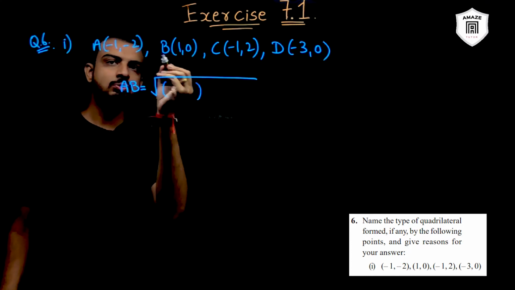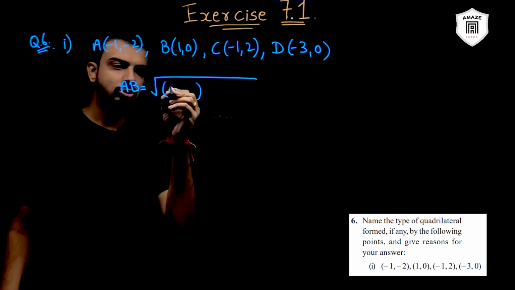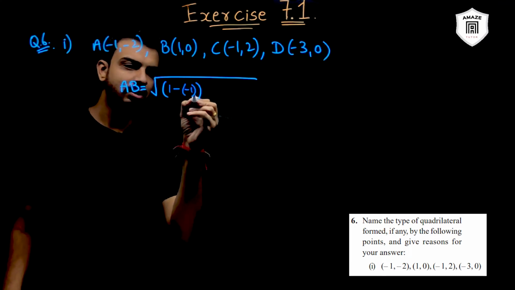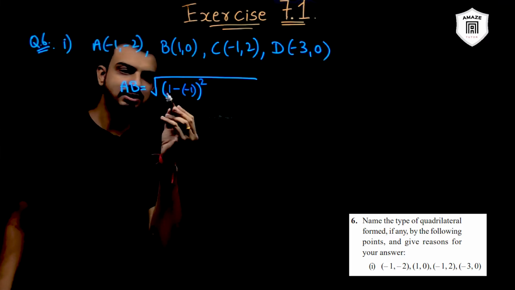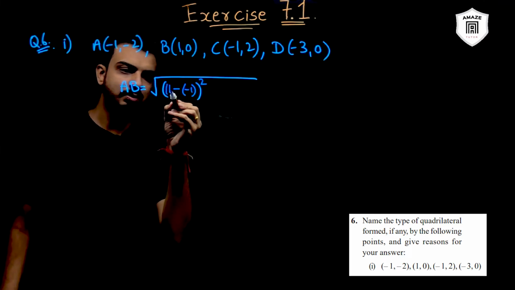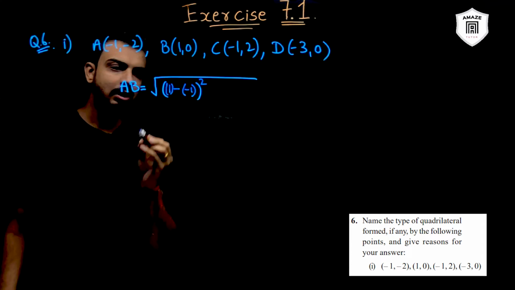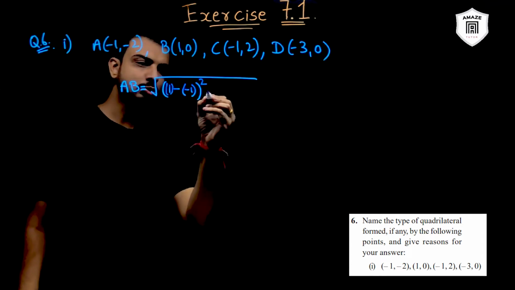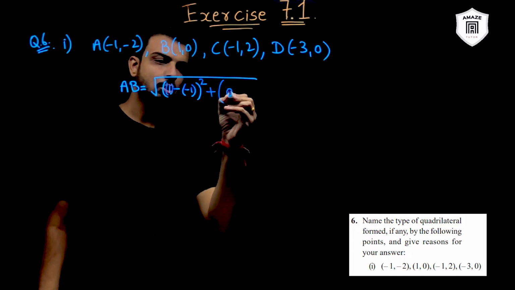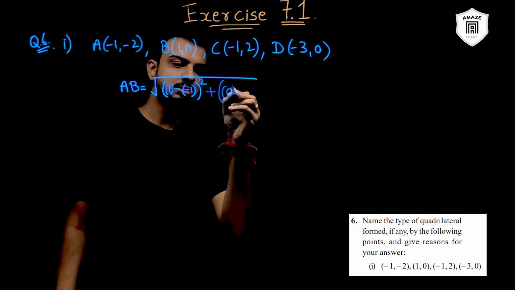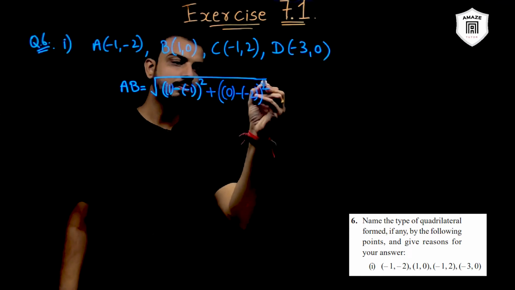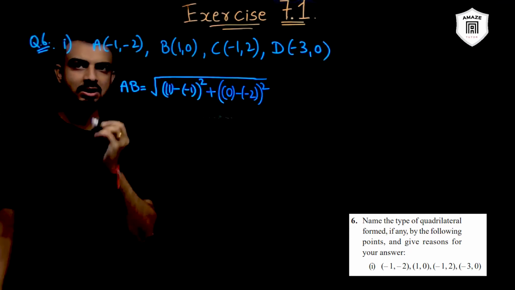So x2 is 1 and x1 is -1. So x2 minus x1 is 2, and y2 minus y1 is -2 the whole square, right?